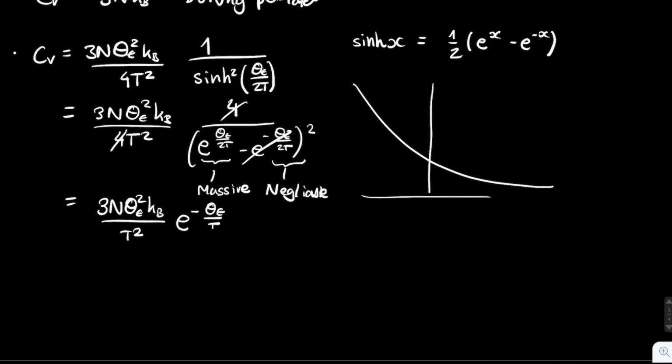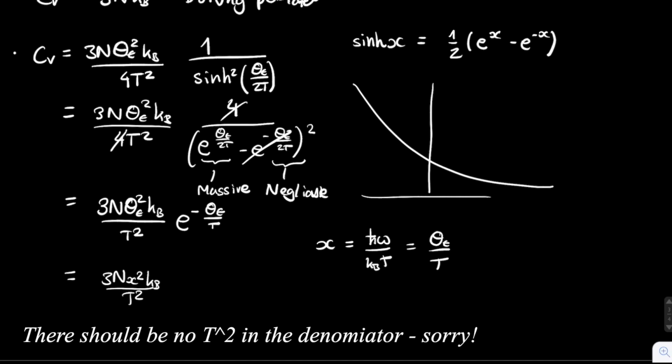And if I simply make a substitution, if I let x equal h bar omega over k_B T, or equivalently the Einstein temperature divided by the temperature, so x is just some dimensionless quantity, then this simply becomes 3N x squared k_B times e to the minus x.